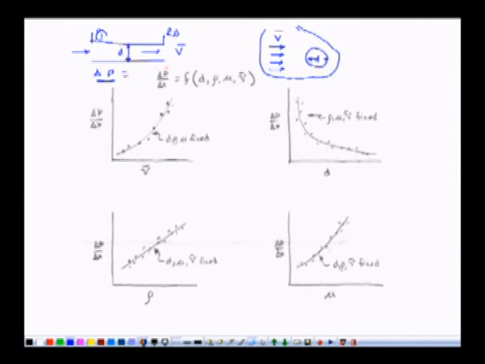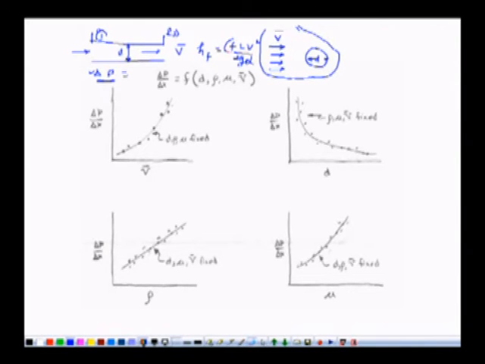With the help of that relationship, we can give an answer to this question. If you can recall the theory which we have discussed, the Hagen-Poiseuille equation, in which we developed this relationship hf is equal to f L V square divided by 2 g D.